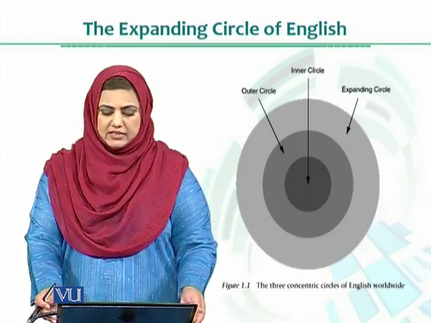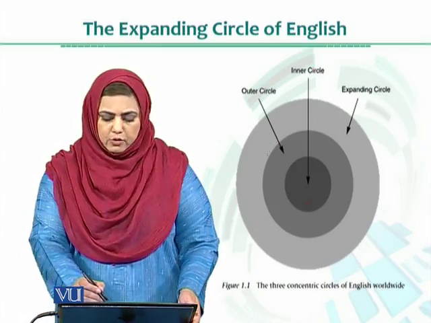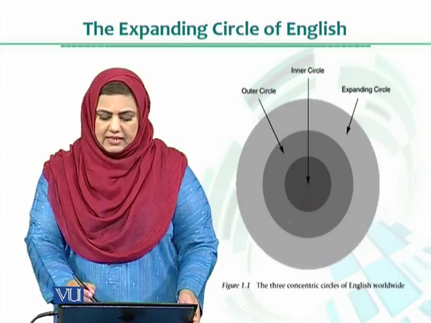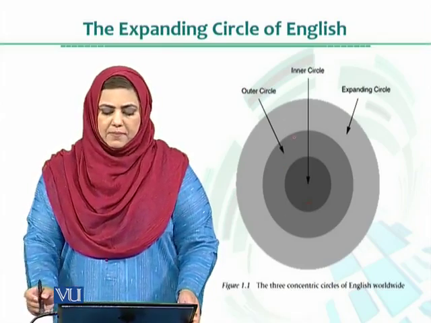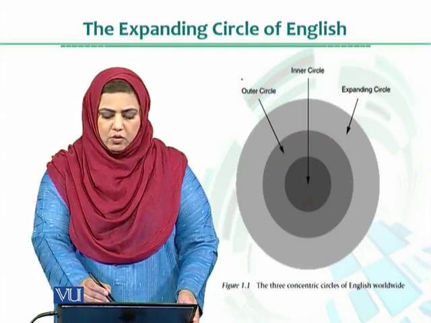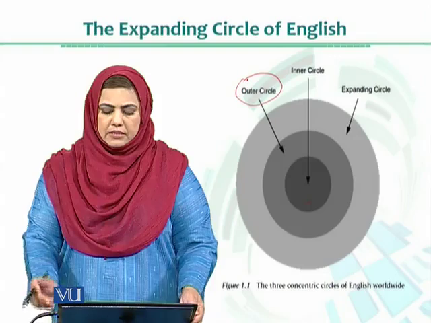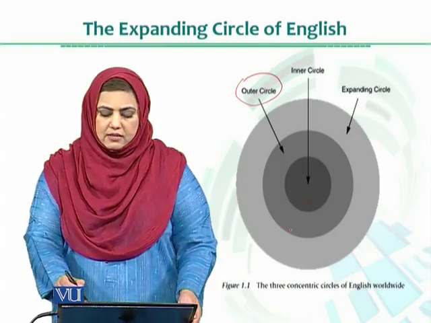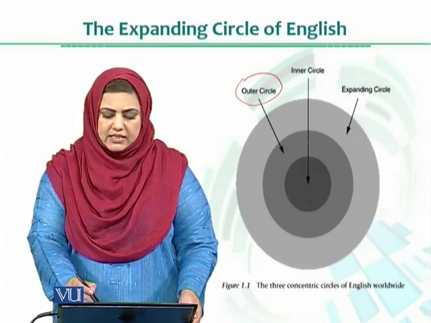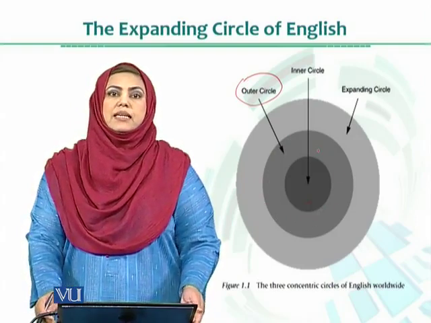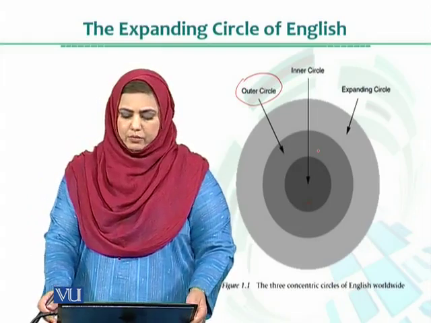This is followed by another circle that is bigger in size as compared to the first circle, and as you can see, it is called the outer circle by Kachru. Here he would place all those countries where English is used as a second language.